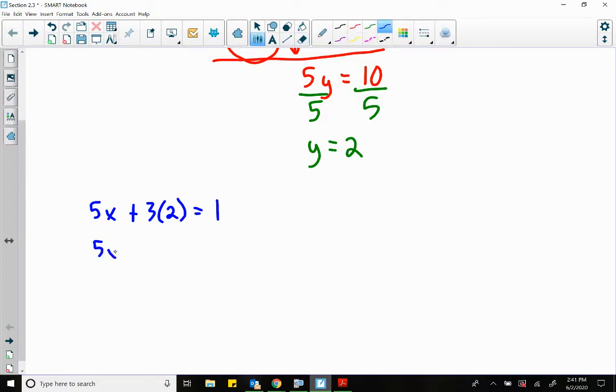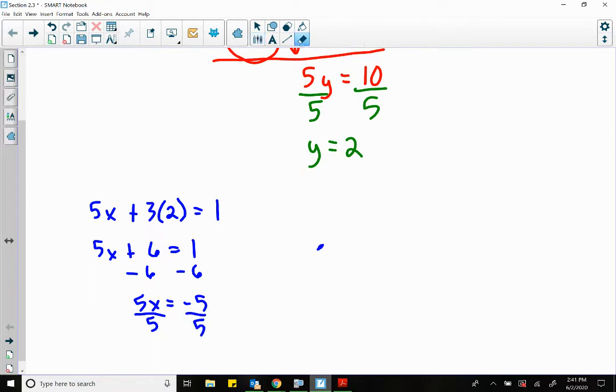So I got 5x plus 6 equal to 1. Subtract 6. 5x equals -5. Divide by 5. And now you know what x equals. X is equal to -1.